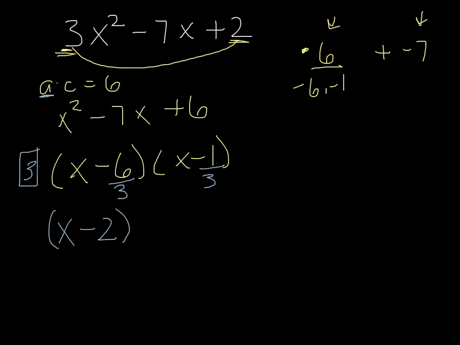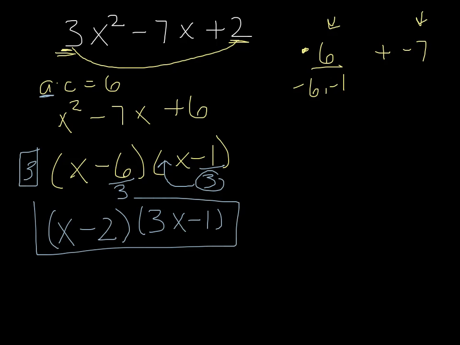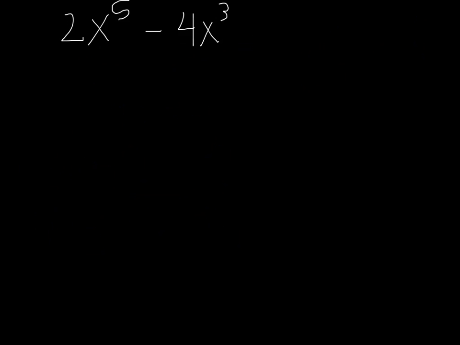In this case, this is not an even number, so I'm going to move the 3 out in front of my x. So this would be 3x minus 1, and this would be my final answer. Again, if you wish to, you can find the factors of 3 and 2 to see how they go together to get negative 7, but I always like to use this trick method.